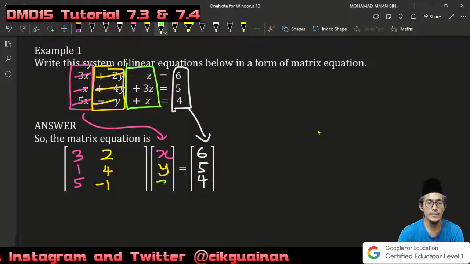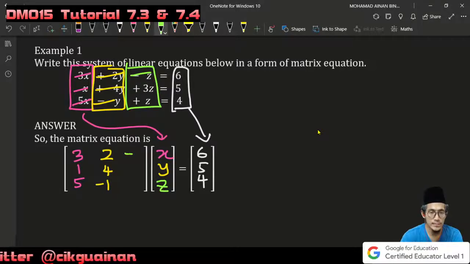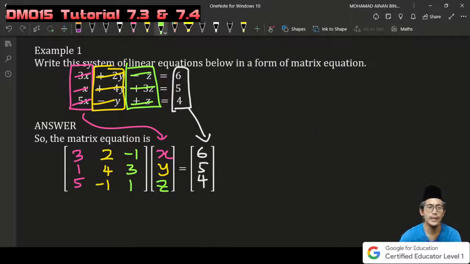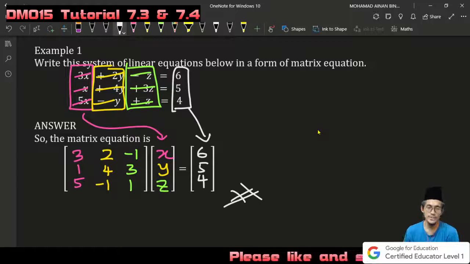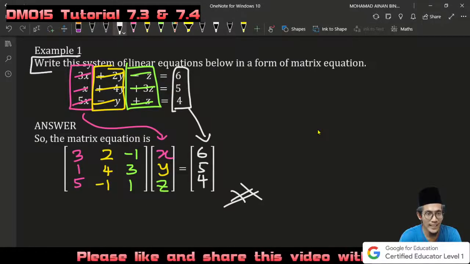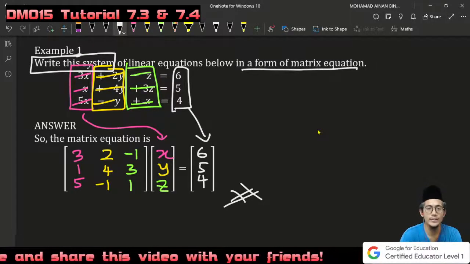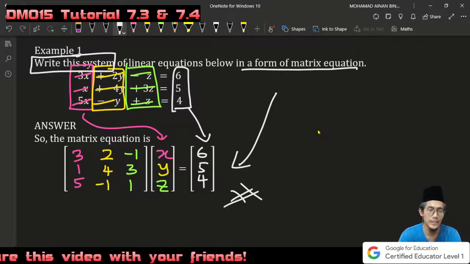Okay, next is the variable of Z. Minus 1, plus 3, plus 1. Dah dapat. Inilah jawapannya. Okay, so the matrix equation is this one. Tak payahlah solve sebab soalan tak suruh solve. Soalan suruh apa? Write this system in a form of matrix equation. Therefore, we get the matrix equation already.